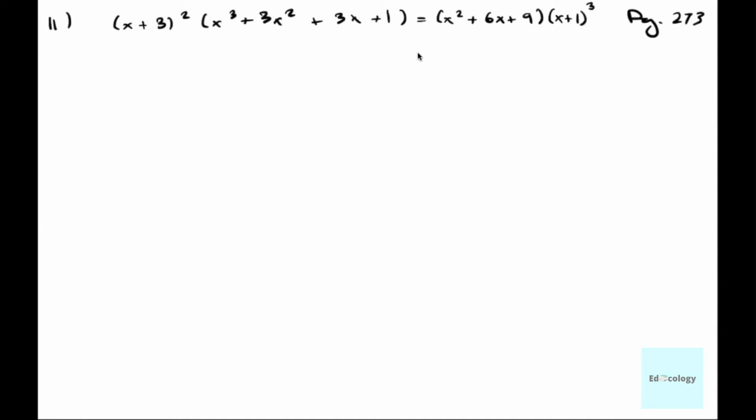Let's do one more question, which is just like the one before. So we have to try and write x squared plus 6x plus 9 into (x plus 3) squared, and we have to rewrite (x plus 1) cubed into x cubed plus 3x squared plus 3x plus 1. And if we are able to do both of them, then they will be equal, and we will be left with the conclusion that this is an identity.